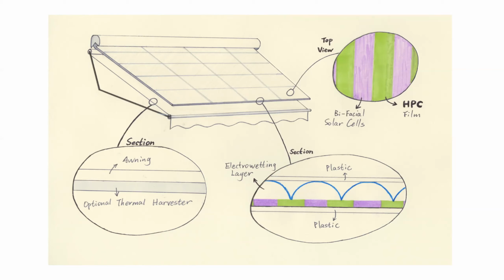So the electrowetting layer is kind of complex. First, it tracks the sun. When the angle of the light changes, the structure of the water droplet will change. Tara is going to explain it more later.